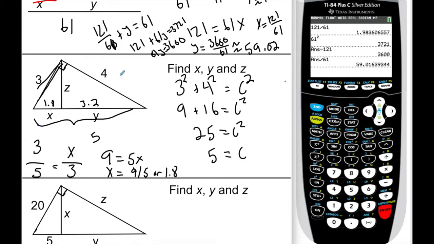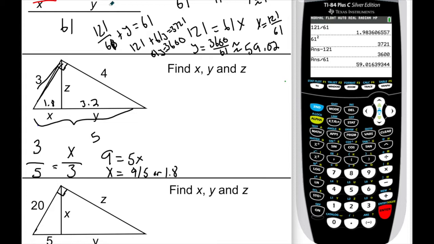The other way you could have done this problem is you could have done 4 is to 5 as y is to 4 and solve for y, in which case you would have gotten 3.2. Let's look and see if we can actually do that. Okay, so I have 4 is to 5, hypotenuse is to hypotenuse, as leg is to leg.